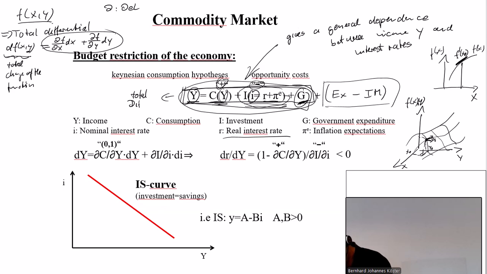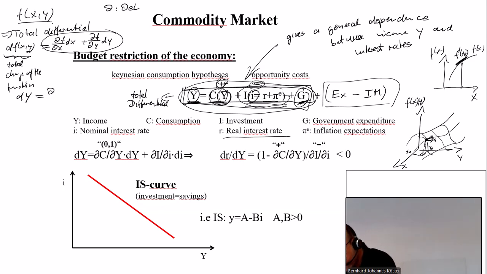The left side is quite easy. There I have only the y. So this is dy equals, here I have some functional dependence.